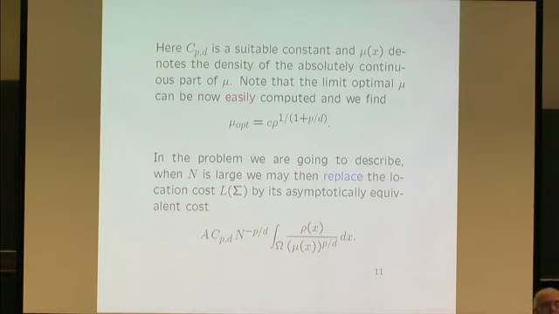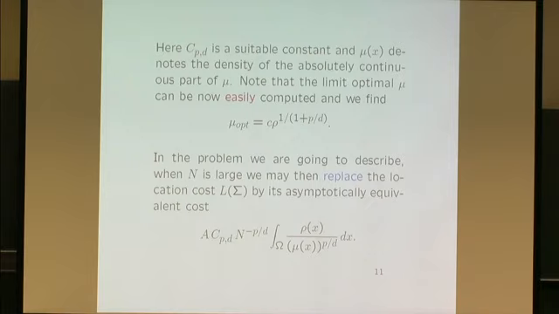So instead, in our coupling location and routing, I will show what a routing cost is. Instead of considering the difficult discrete cost, let us replace it by this asymptotic continuous counterpart.